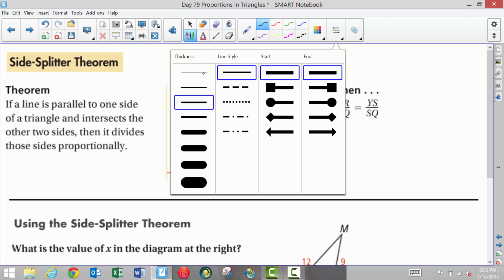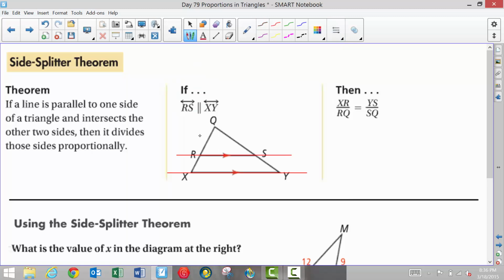So to put it more concrete, if I put 1 here, 2 here, 3 and 4, knowing that I have a line RS that's parallel to a side of a triangle, I know I'm going to have some proportions that will be equal.